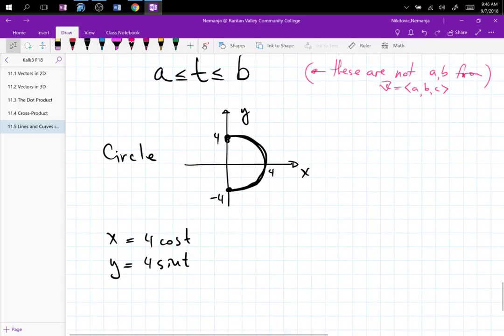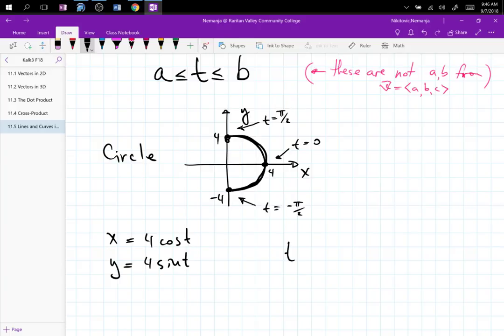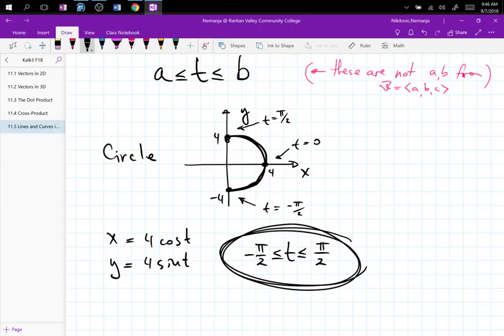But now, since you do not want the full circle, you have exactly what you want there, and you know that t equals 0 is here, and t equals pi over 2 on top, then this one better be t equals negative pi over 2. So your t for this particular picture is from negative pi over 2 to positive pi over 2. So this is the full parametrization when you include this.